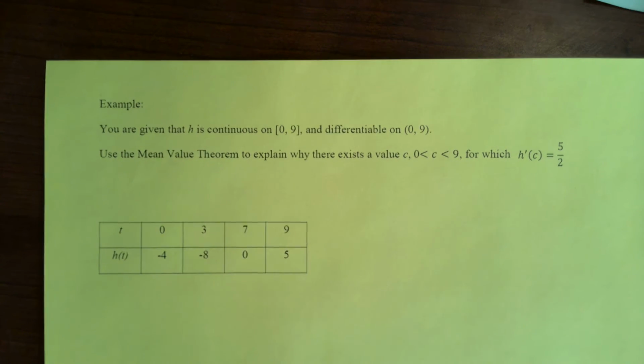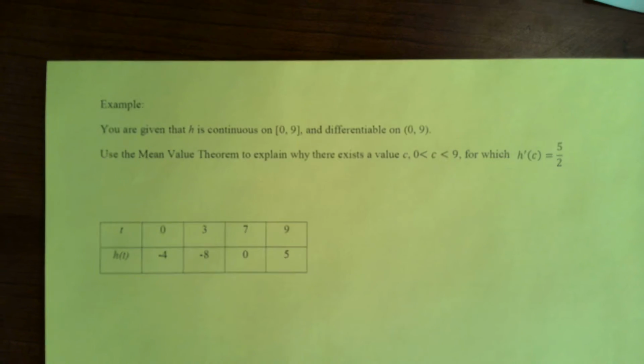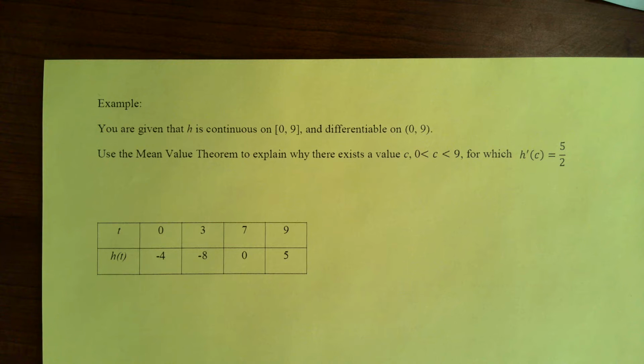So you're given that h is continuous on [0, 9], closed, meaning it includes the endpoints, and differentiable on (0, 9), open, meaning it doesn't include the endpoints. Use the mean value theorem to explain why there exists a value c between 0 and 9 for which h prime of c equals 5/2.